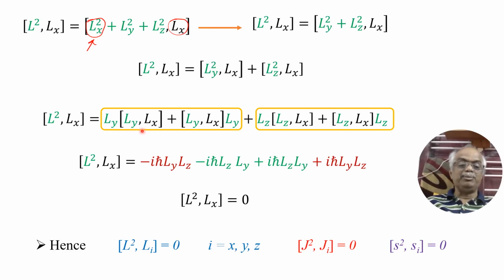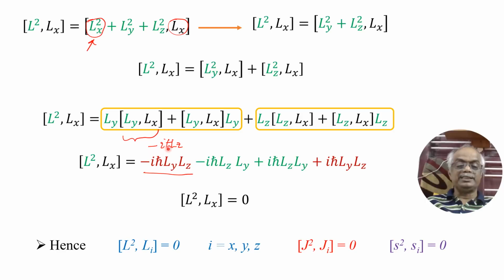What is the commutation of Ly with Lz? Remember, sir, that yz, sorry, yx is not cyclic. So this is minus iħ Lz. That is what I have written. Then what about this Ly? Already there is Ly here.